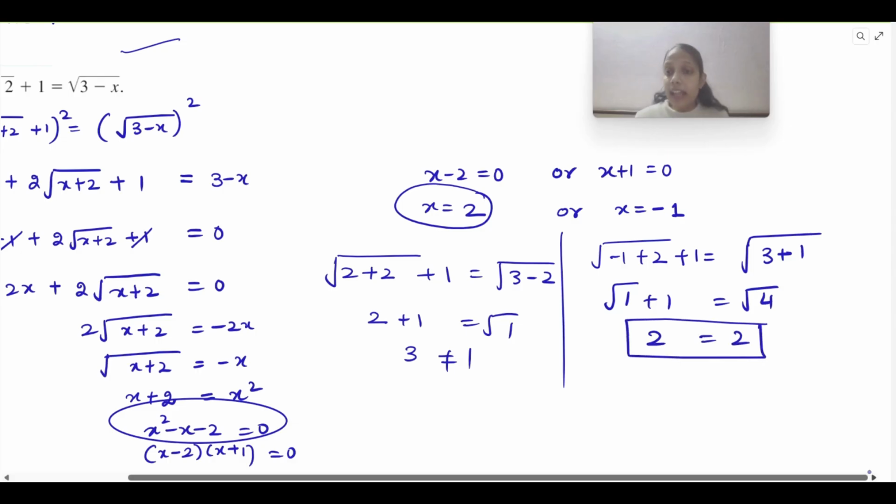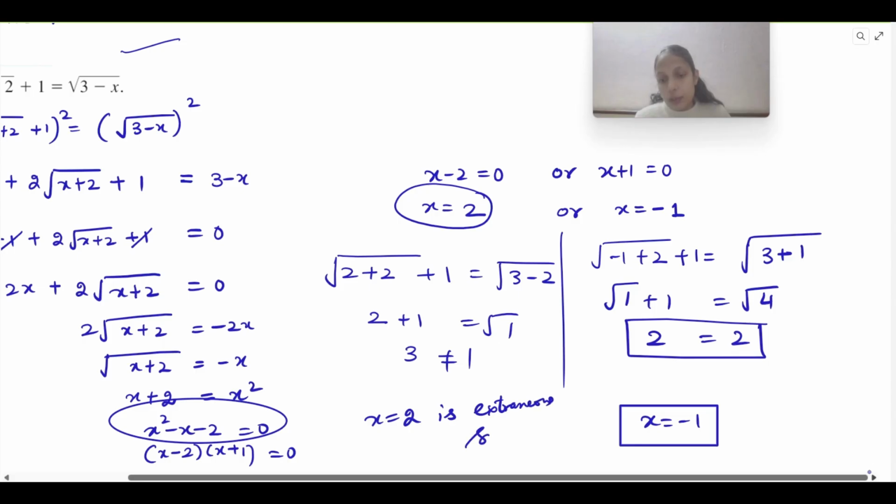So only x equals negative 1 is the solution. The value of x that does not satisfy the original equation is known as an extraneous solution. So x equals 2 is an extraneous solution. I hope you understand. Let's do the next.